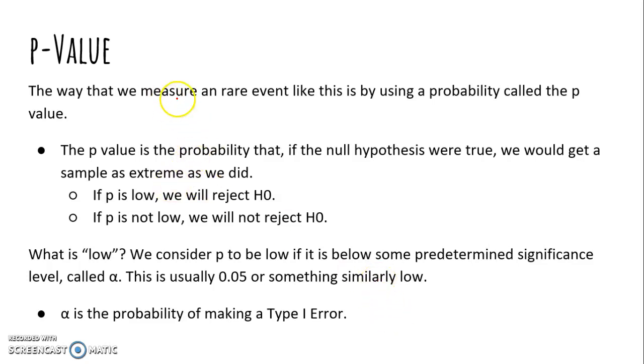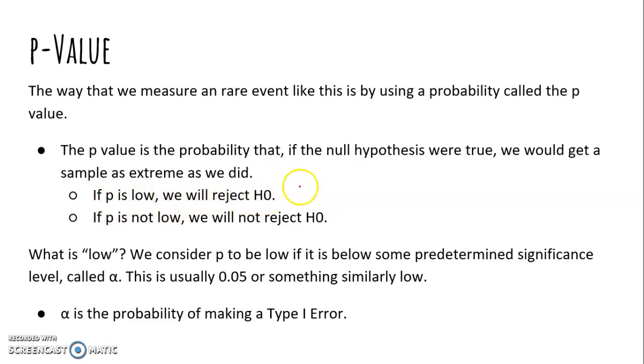So what we do then is once we find this p-value, this probability, and it's defined here. The p-value is the probability that if the null were true, we would get a sample as extreme as we did. So if that probability is low, lower than whatever we have defined as unusual, we will reject the null.